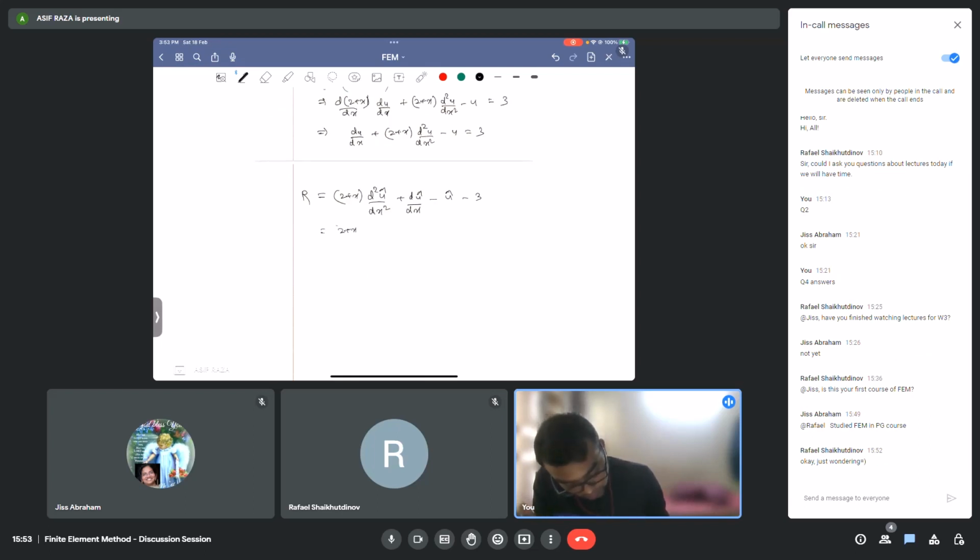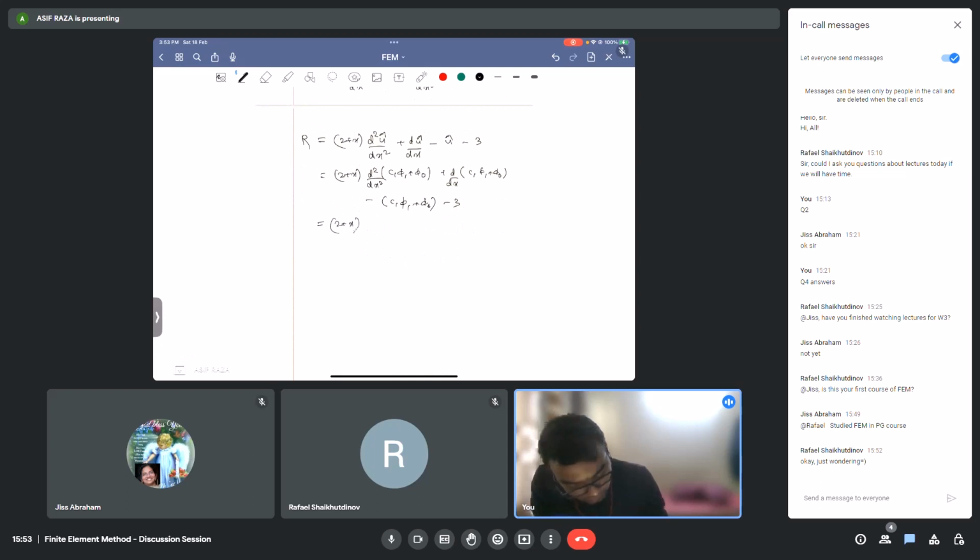So (2 + x) d²/dx² of (c1 φ1 + φ0) plus d/dx of (c1 φ1 + φ0) minus (c1 φ1 + φ0) minus 3.